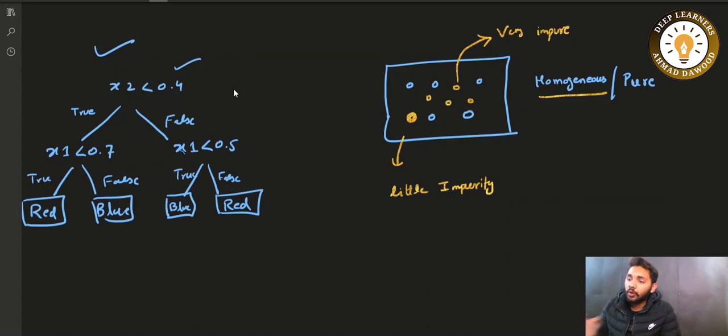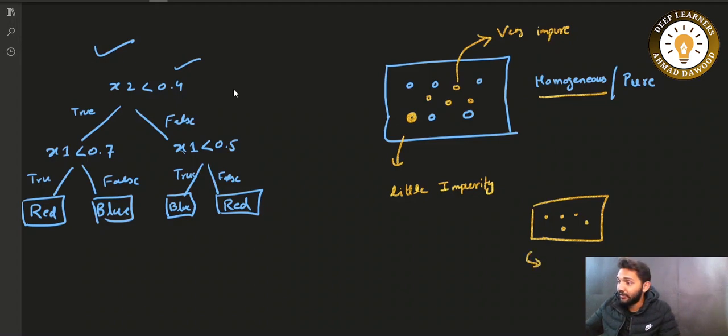How can we calculate this strength of impurity? There are impurity measures that give a numerical value. If the set has all points belonging to the yellow class, the measure says this set has zero impurity.